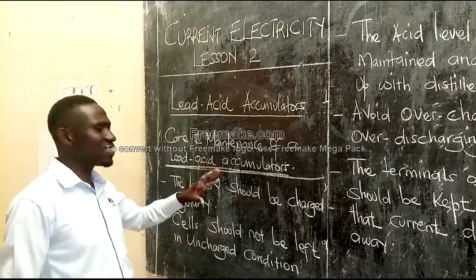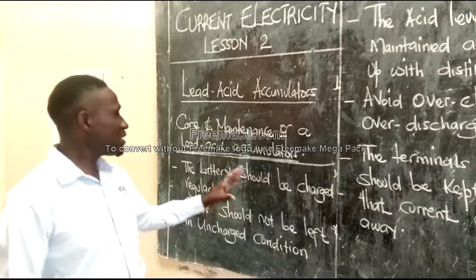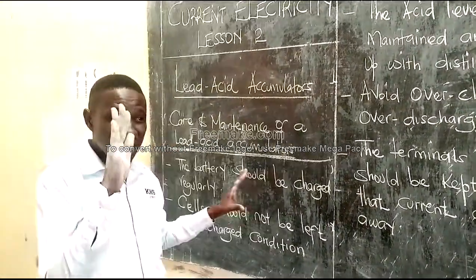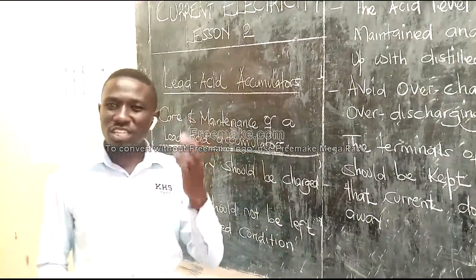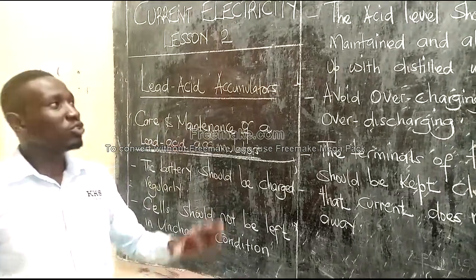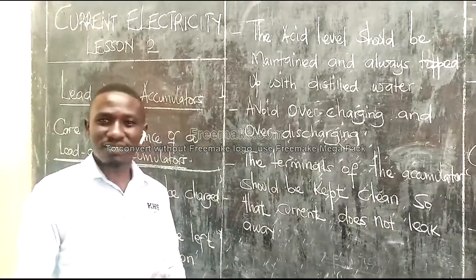When I talk about lead acid accumulator, think about the battery. One, you should charge the battery regularly. Two, you should never leave the battery in an uncharged condition for a very long period of time. You should avoid overcharging and over discharging.